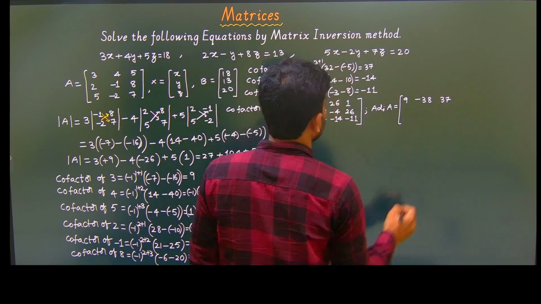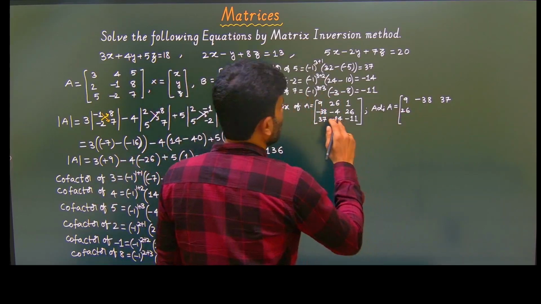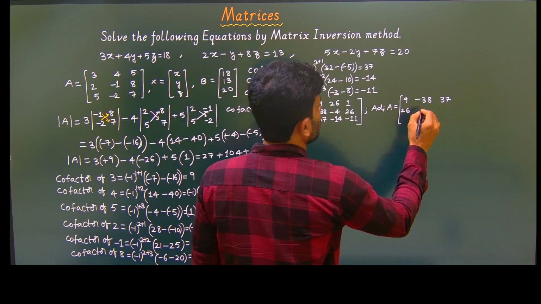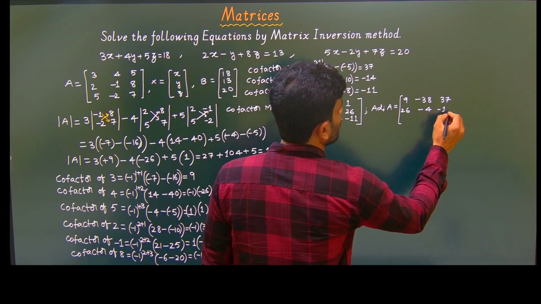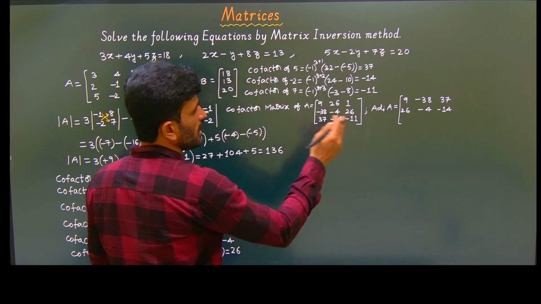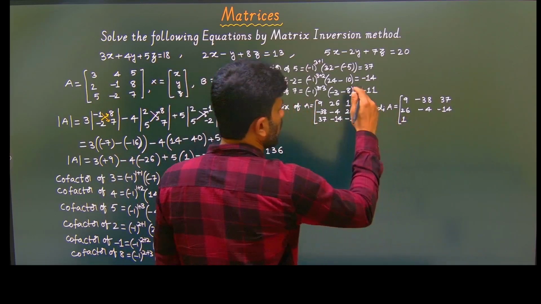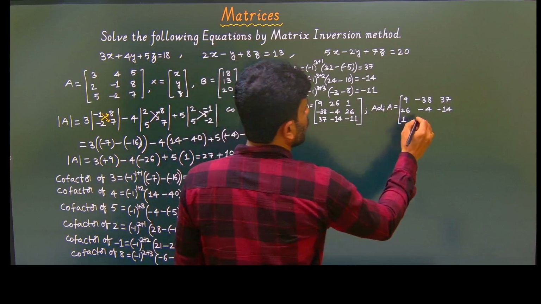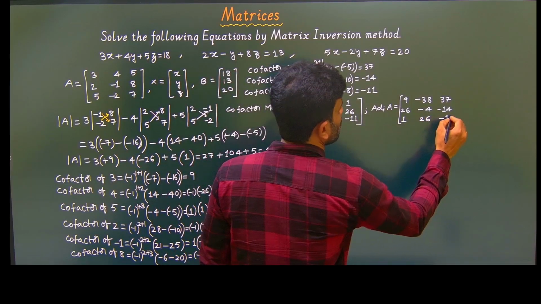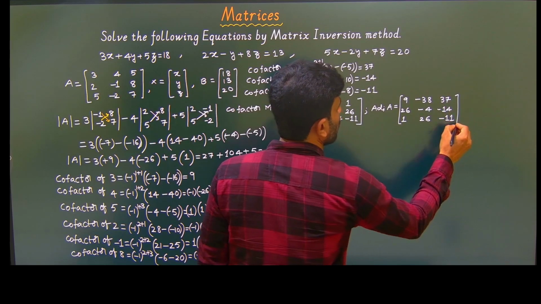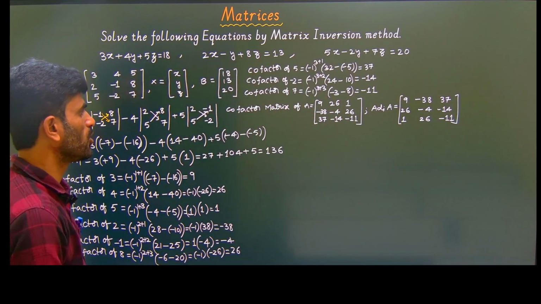The second column is 26, then minus 4, and then minus 14. Now take the third column, which is 1, then 26, and then minus 11. So what I did here, I interchanged all the rows and columns of the cofactor matrix, and then we got the adjoint matrix of A.